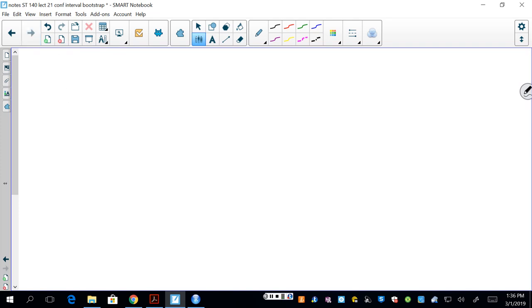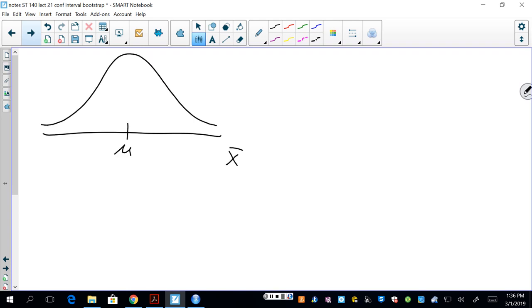So if we draw a picture here, here's the distribution of X bar, here's mu, around the mean, going up about 2 standard errors, going down a couple standard errors, where the standard error is the standard deviation of X bars in repeated sampling, kind of the spread of those X bars.